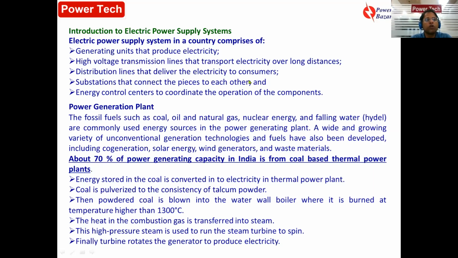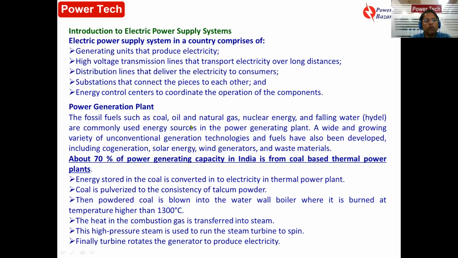Therefore substation will be one component of the total electrical power system. The fifth component, which is one of the important components, is electrical power system control. You need to control the power flow, the voltage, the megawatt flow, and the frequency. Therefore, power system control is one of the major components of electrical power systems.